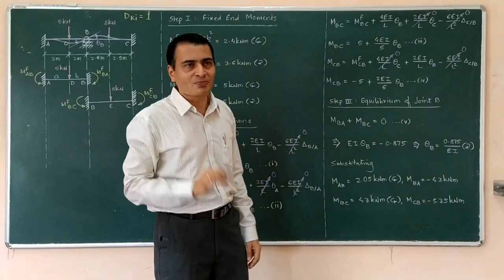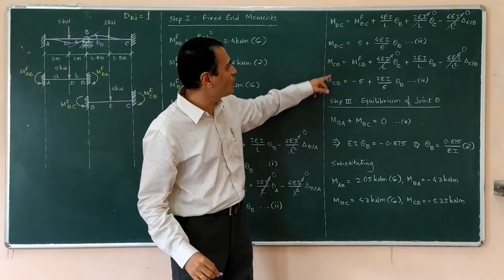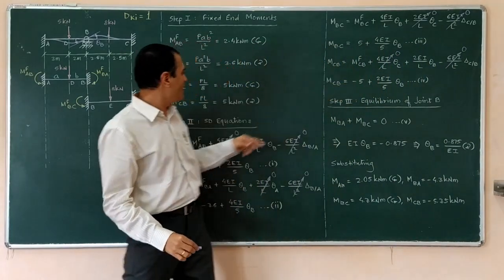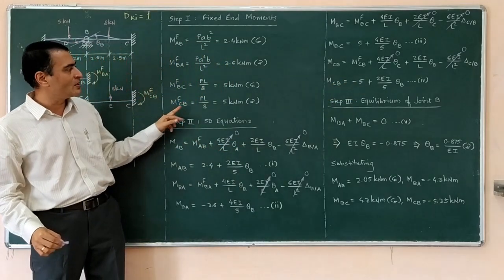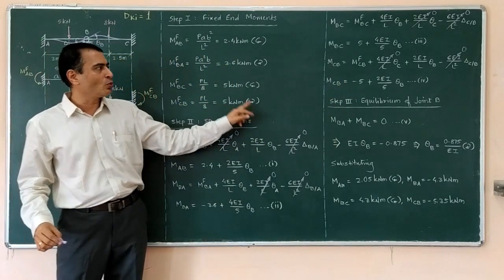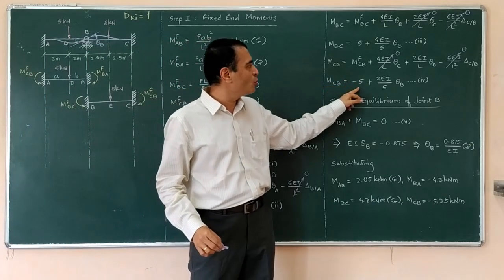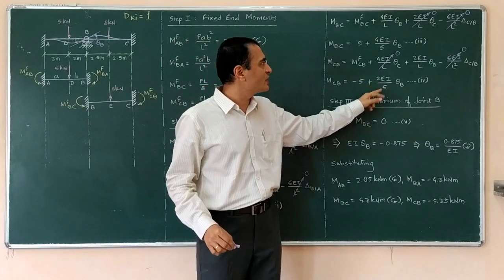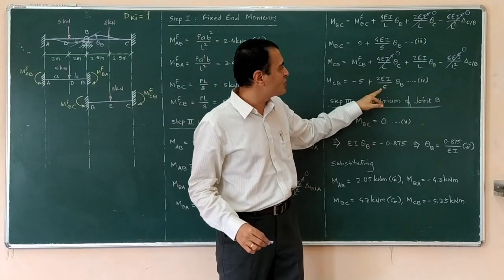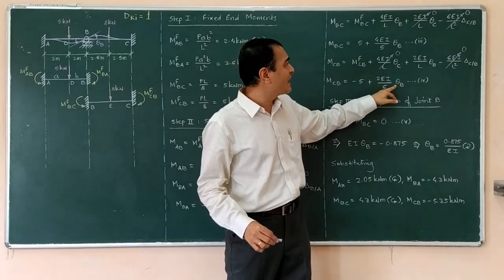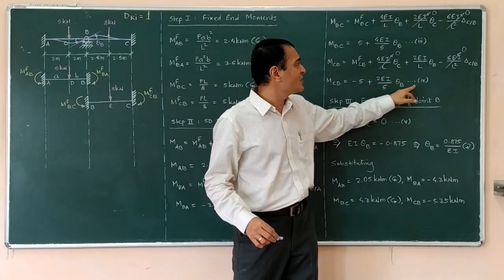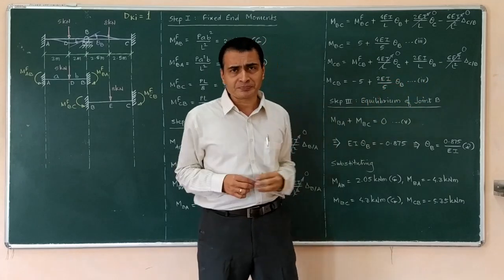So the last term is absent. So that I am getting M of CB is equal to MFCB. I am choosing from here 5 kilonewtons clockwise. So I am writing negative 5 plus 2EI by 5. That is this term I am copying here with substitution of L, and I am getting theta B as it is. This is equation number 4.